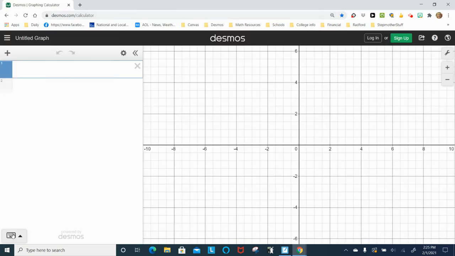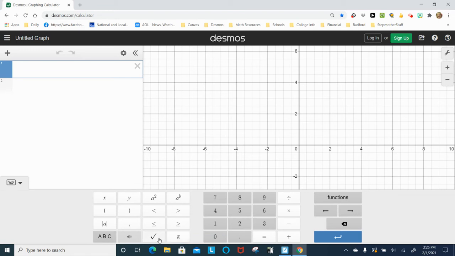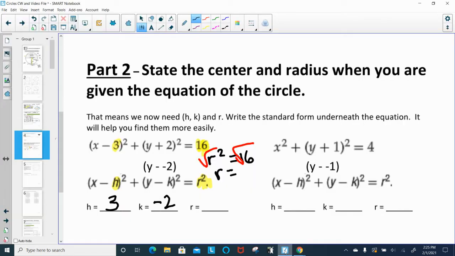If I find the square root sign, which is down here on the bottom, and type in 16, it's going to immediately give me my r value. So my radius is 4. This is my center, 3, -2.